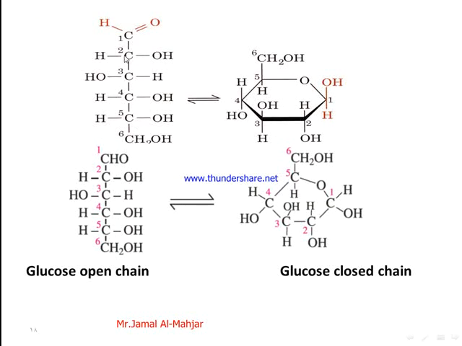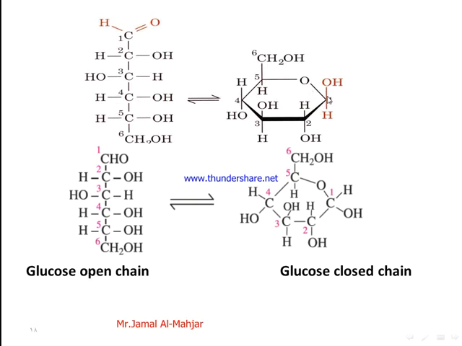This is the structure of glucose. We have an open chain and a closed chain. This is carbon number 1, C double bond OH, or you can write it CHO, the same. This is the open chain for glucose.